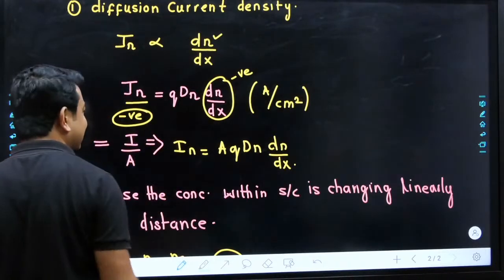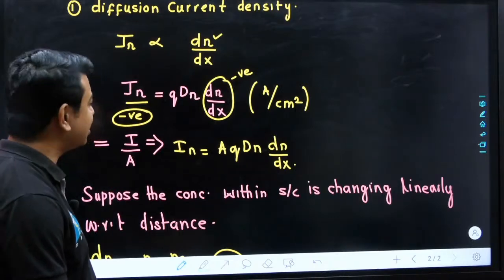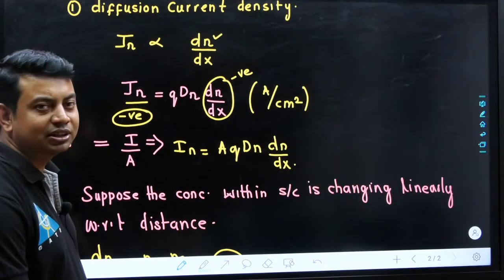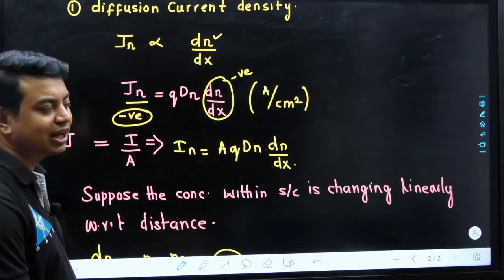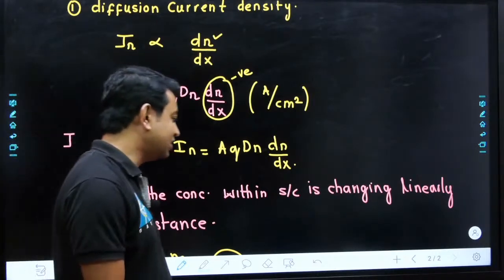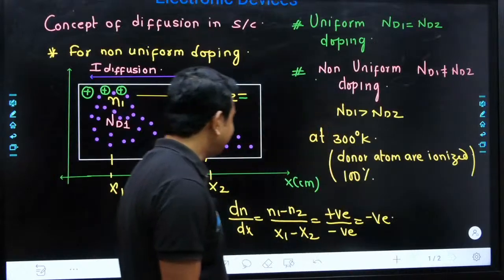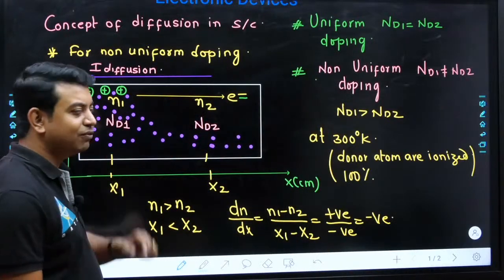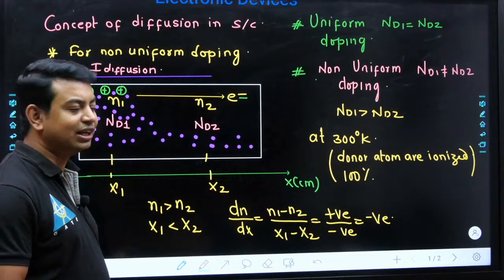Since the current density has a negative value, what does it resemble? It resembles that the direction of current is in the negative x direction. If you watch this figure and see the direction of current that I have drawn here, it is in the negative x direction.